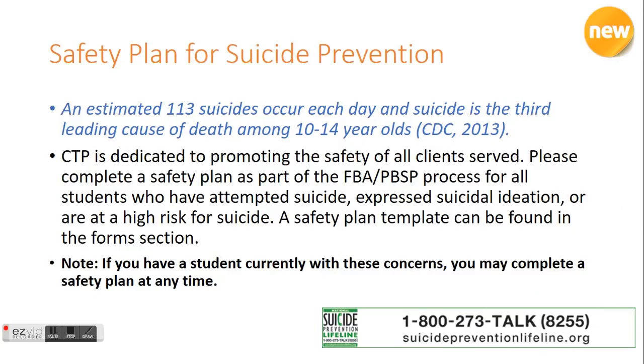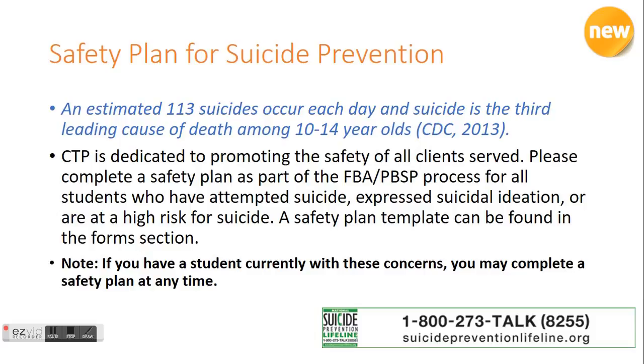Safety plan for suicide prevention. An estimated 113 suicides occur each day, and suicide is the third leading cause of death among 10 to 14-year-olds, according to the CDC 2013. Connecting the Pieces is dedicated to promoting the safety of all clients served. Please complete a safety plan as part of the FBA Positive Behavior Support Plan process for all students who have attempted suicide, expressed suicidal ideation, or are at high risk for suicide.